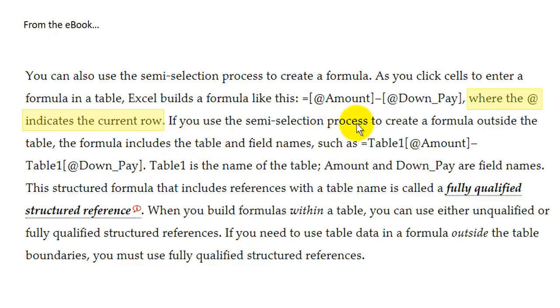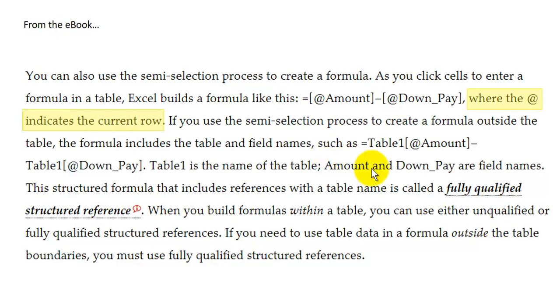If you use the semi-selection process to create a formula outside of the table, okay, the formula includes the table and field names. So now we're not even doing math inside of our table. We are someplace else on our spreadsheet, and we're referring to, we might have 4 tables on one worksheet, might have a ton of tables.